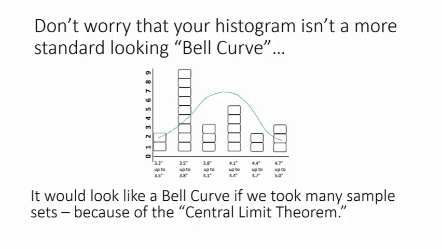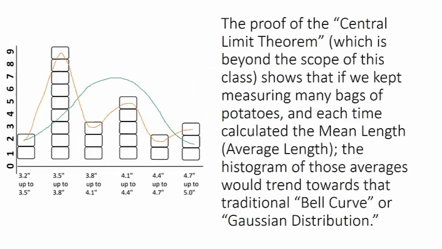that many potatoes in our sample, but also we don't have to worry about that because of the central limit theorem. So that's a foundation of statistics, and I can talk to you about it real briefly. So the proof of the central limit theorem, which I'm not going to go into how to prove it mathematically, but just let me tell you what it ends up being.